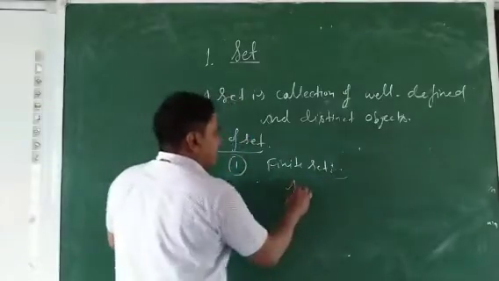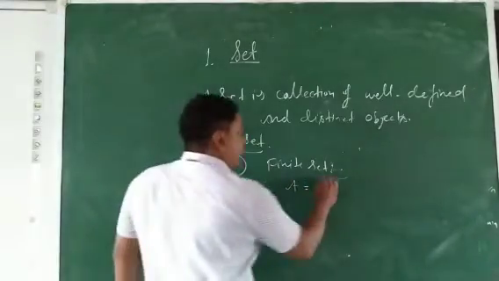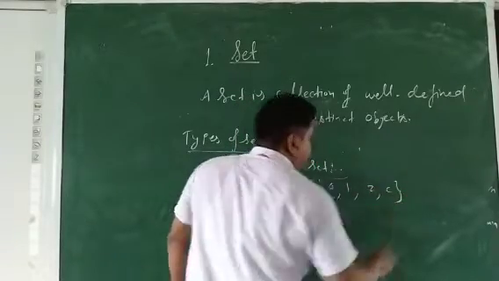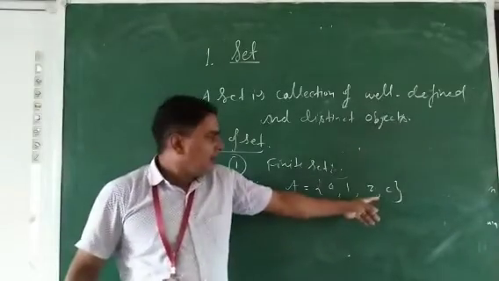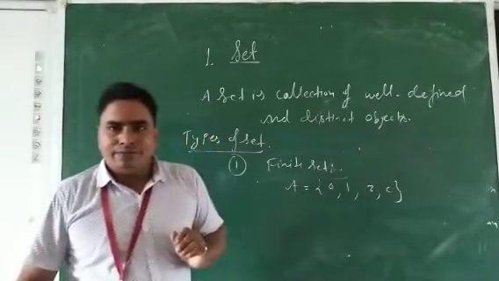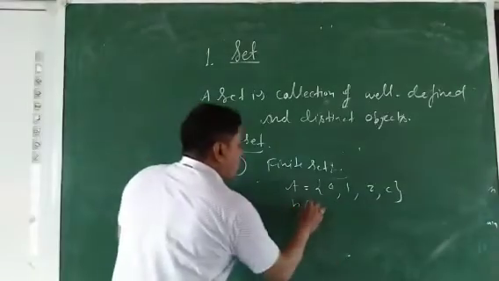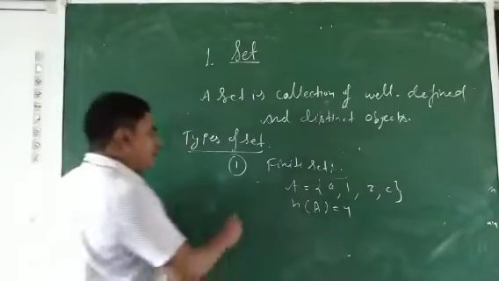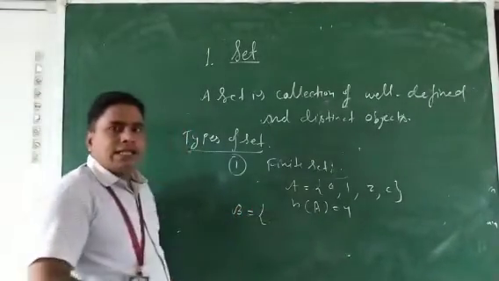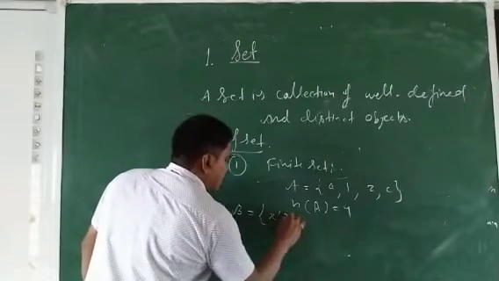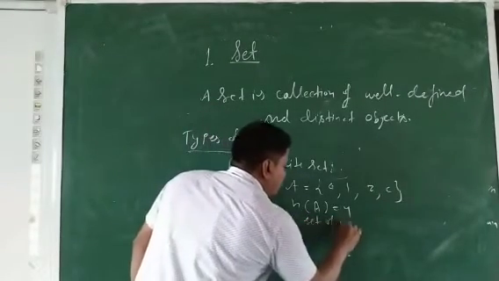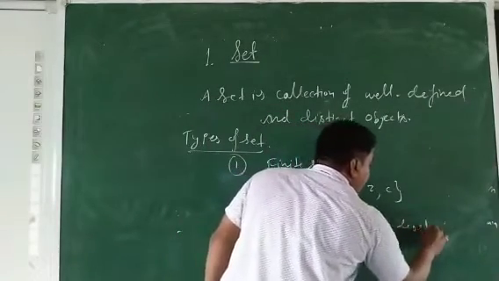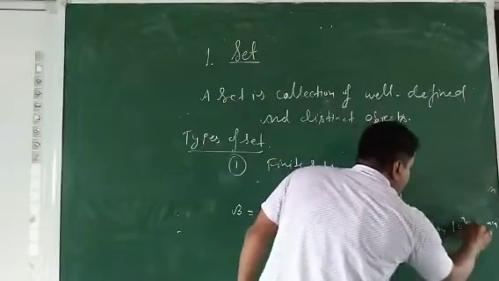For example, a set A, here given as 1, 2 and so on. How many elements are there? Here the number of elements is finite, fixed. It means its cardinal number is 4. So this is an example of a finite set. Some more examples you can write. A set B is the set of x such that x is a whole number less than 10.